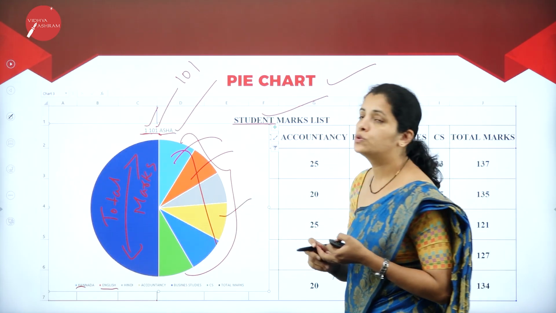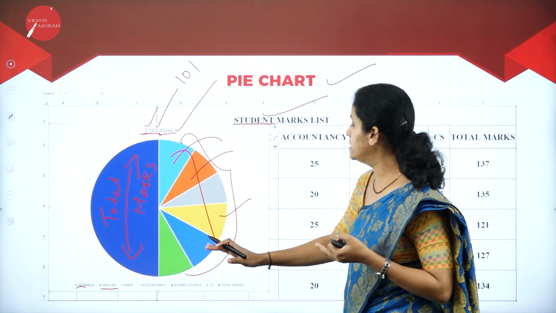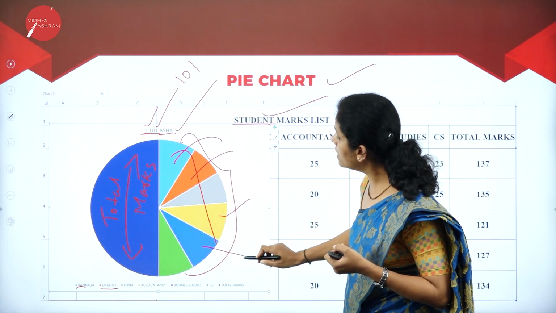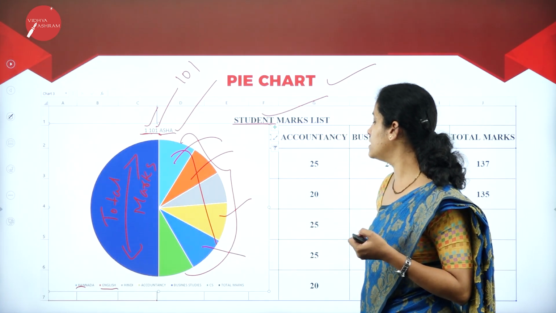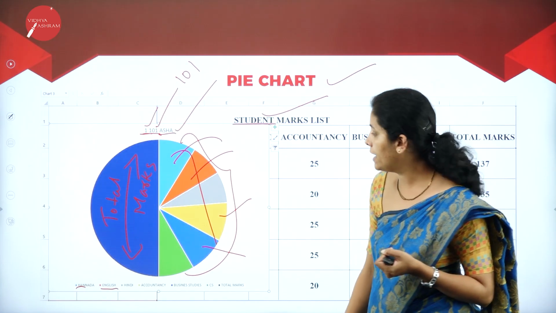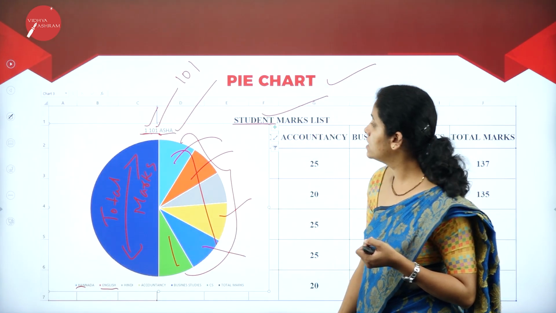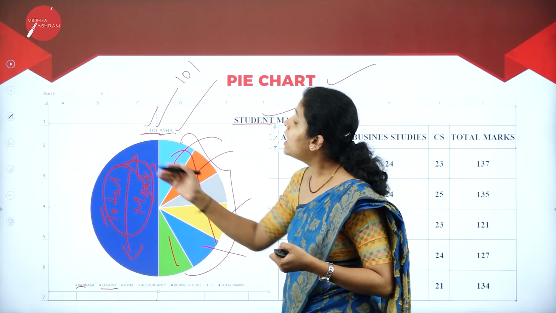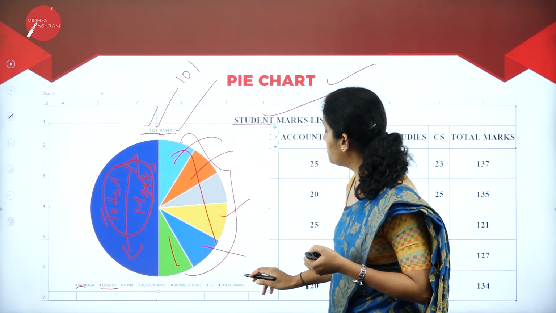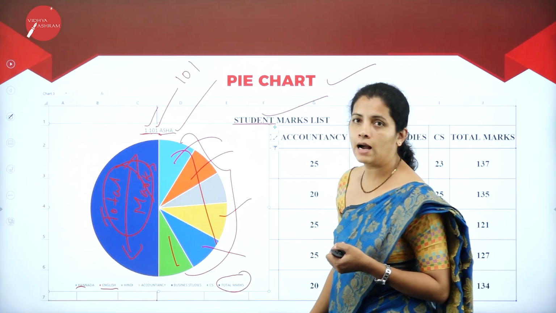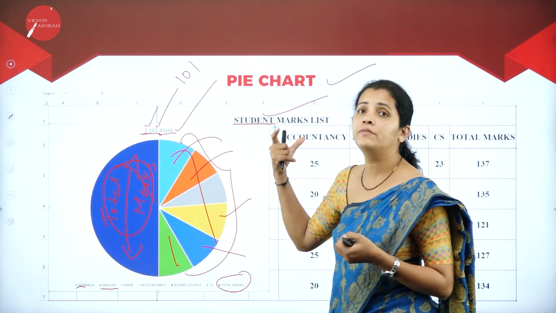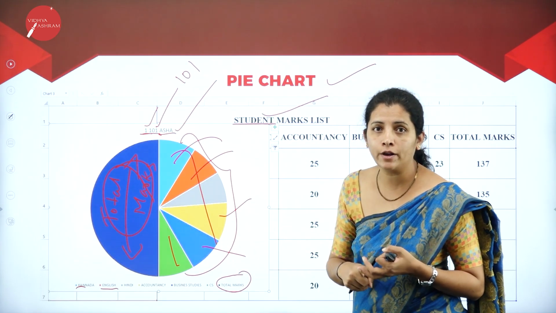Yellow is used to represent accountancy, once again dark blue is used to represent business studies, and green is used to represent CS. Once again dark blue is used to represent total marks. So this is the pie chart for a single record.